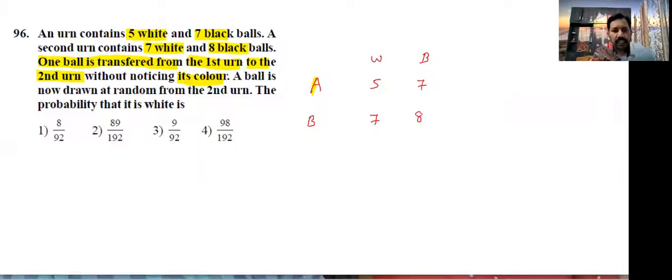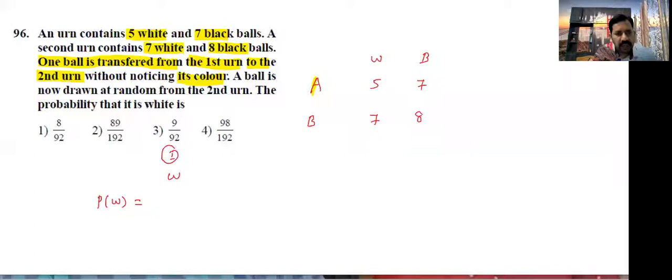Okay. So here we want the probability of white color. First select a white color ball in the first bag. Here see that in the first bag I have taken white color. This is the first draw.